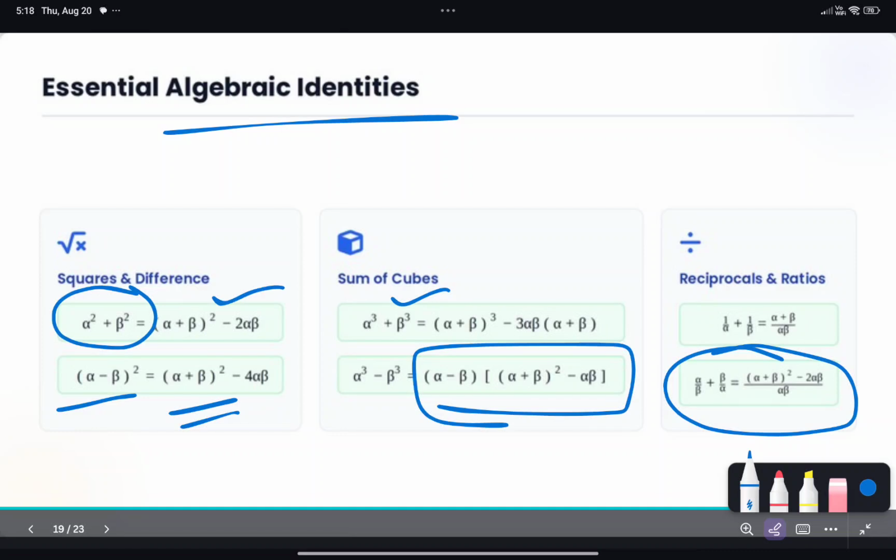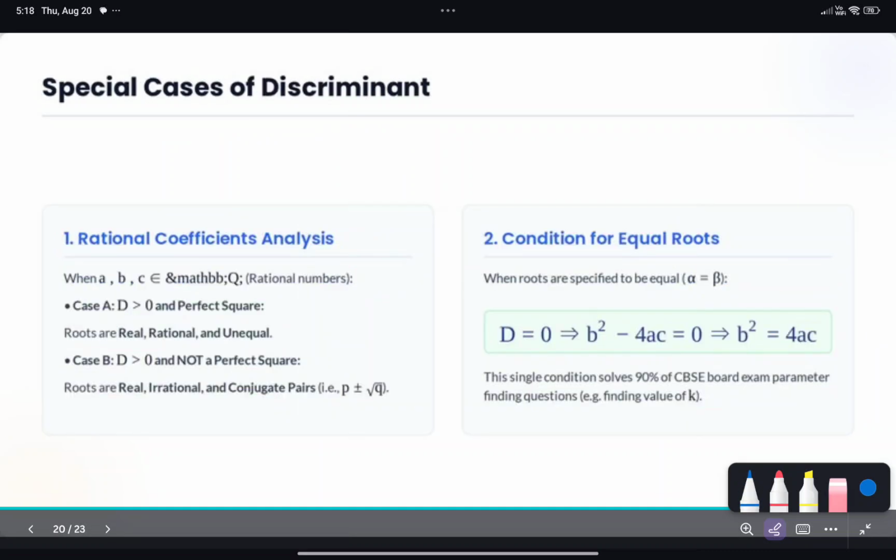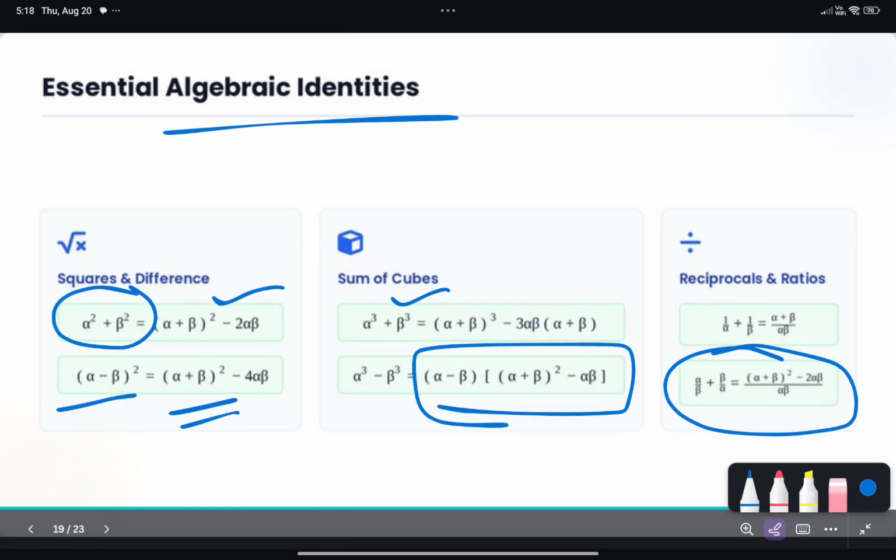Clear? This will come as alpha square plus beta square after simplifying. See, alpha plus beta whole square minus 2 alpha beta; simply we can write alpha square plus beta square by alpha beta. Same thing. Clear or not?